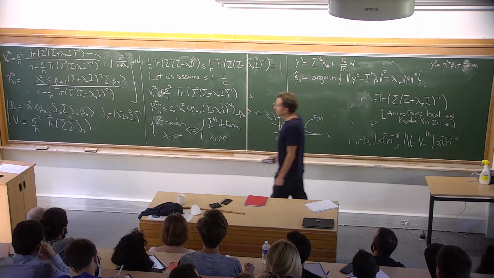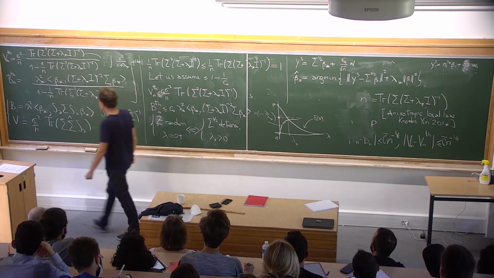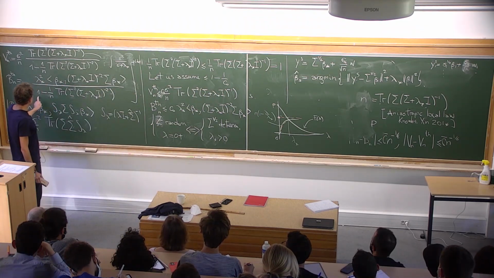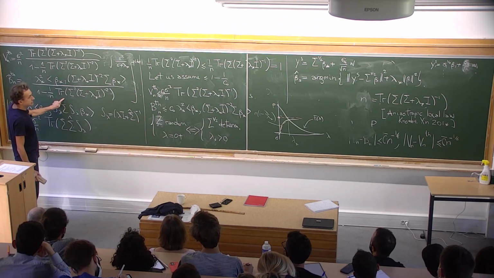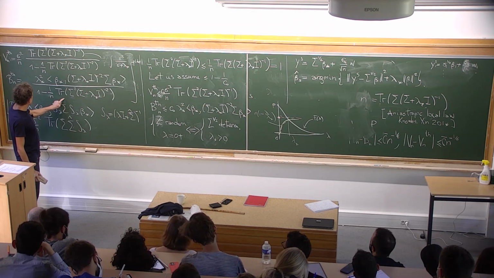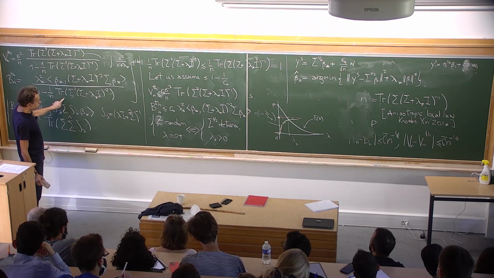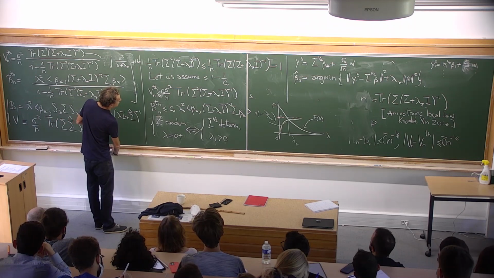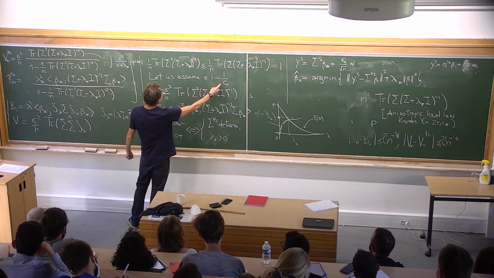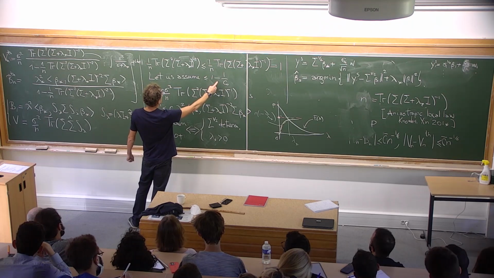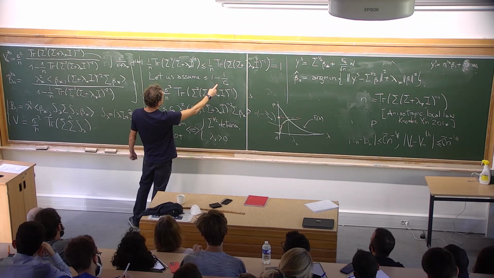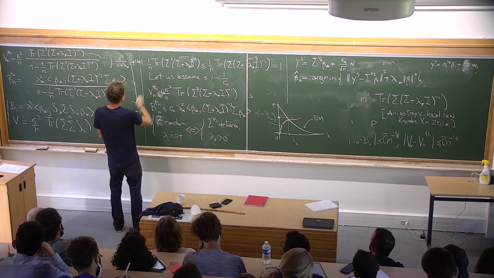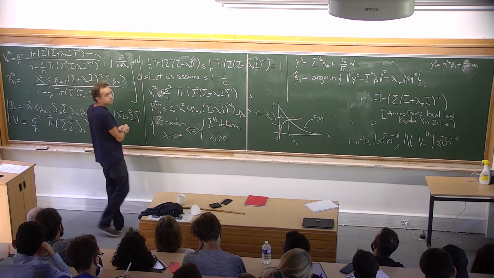I mean, here I get an upper bound, but on the other hand, this is always less than 1, right? So this guy, I'm assuming, is less than 1 minus C0, and is always bigger than 0.